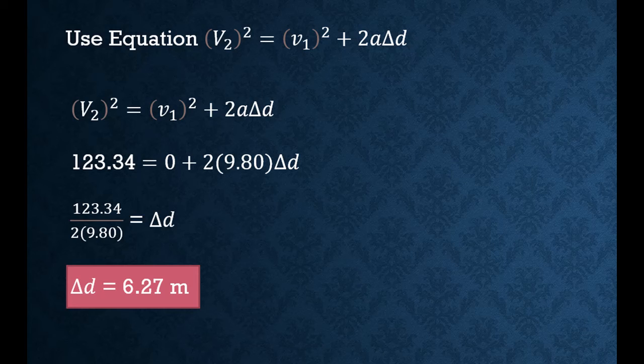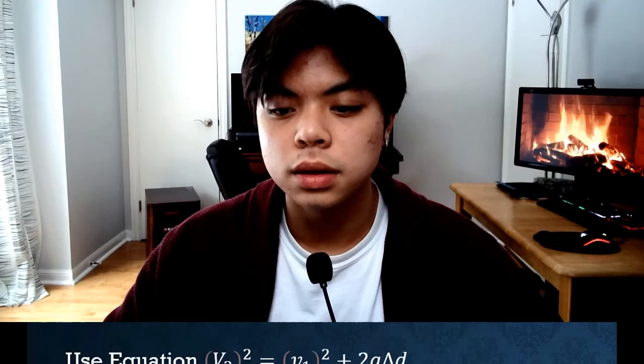You're then going to isolate delta d by dividing by 2 times 9.80. You will then plug this into your calculator, and then you should come up with the answer of delta d equals 6.27 meters. So in order for Marv to survive with a helmet on, the brick would need to be dropped from 6.27 meters high, which is around half of what it is in the original scene.